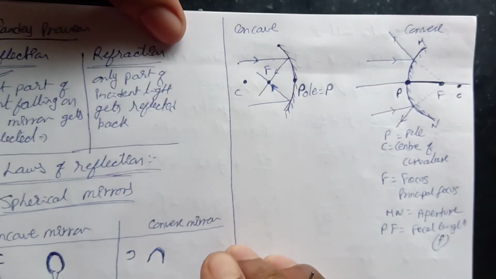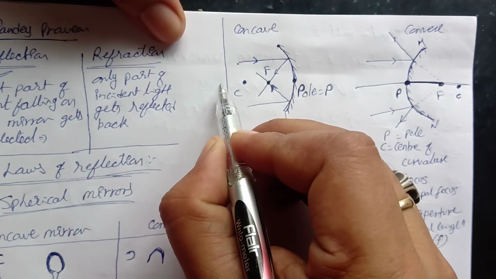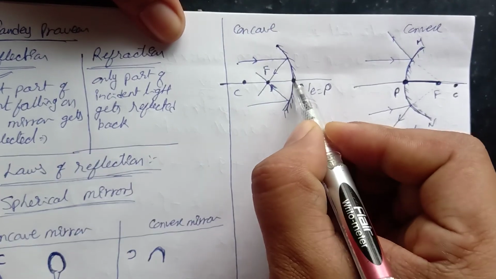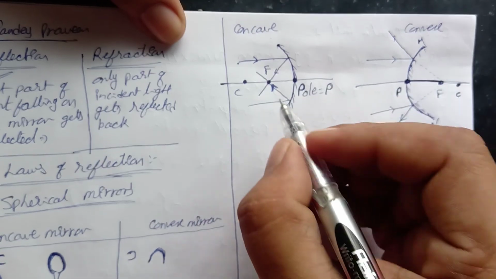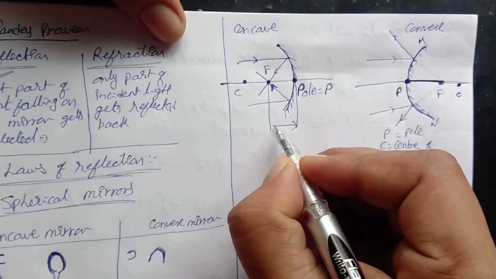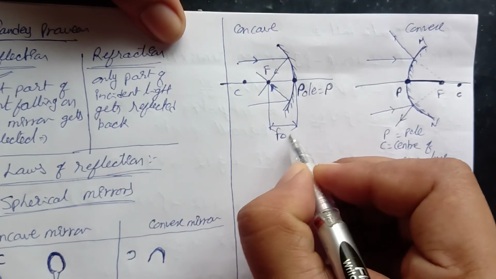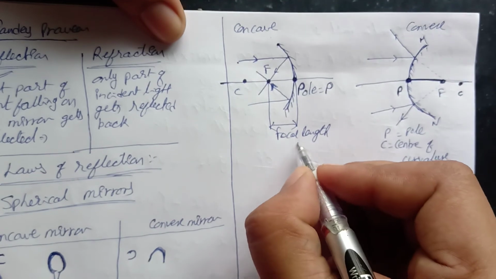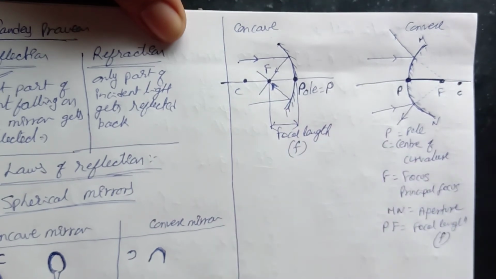Same thing here: an imaginary line is drawn, and the distance between point P and point F can be called the focal length, small f.